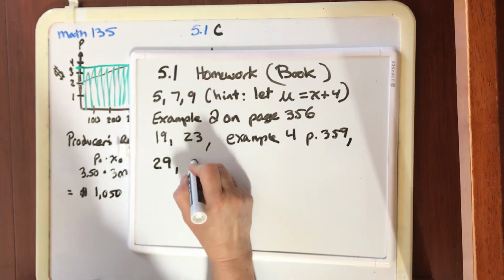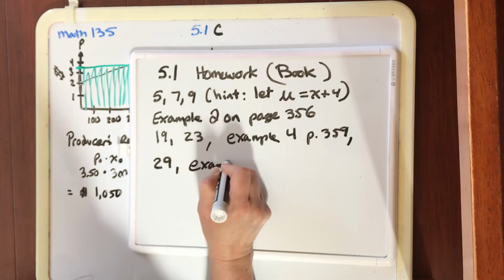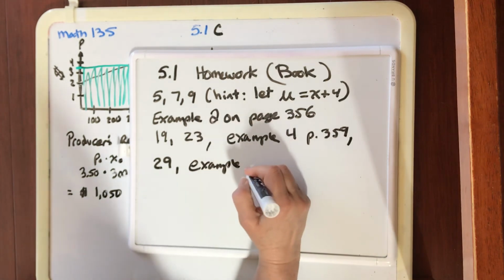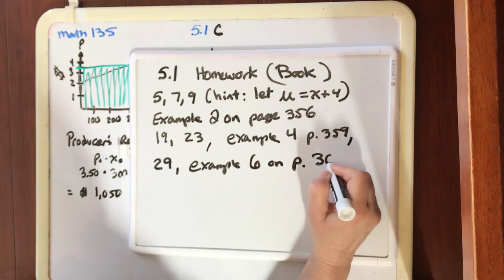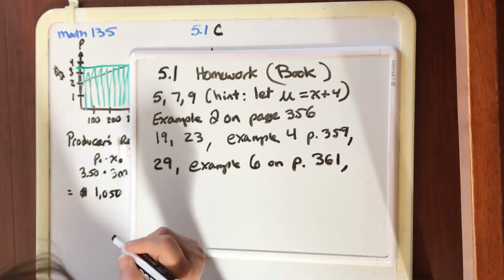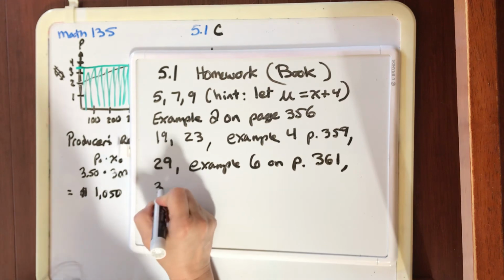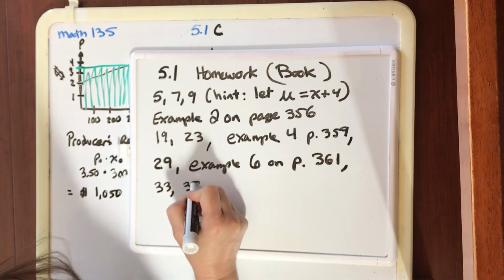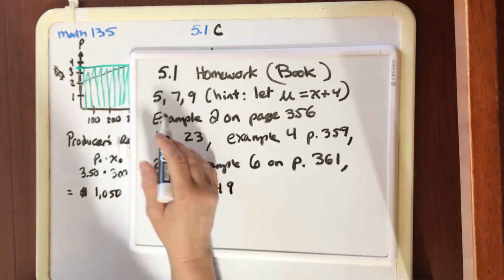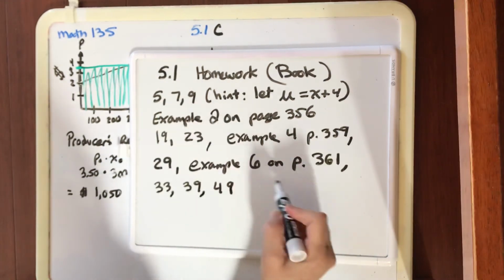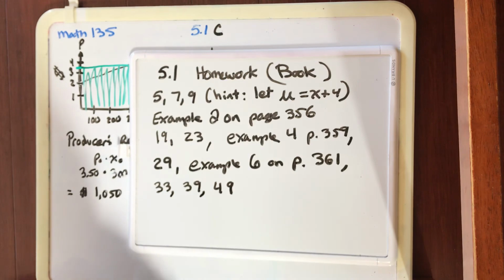Okay, then do example 6 on page 361. And after you do that example, do 33, 39, and 49. Now notice I gave you all odd numbered problems. That way you can look your answers up in the back of the book.